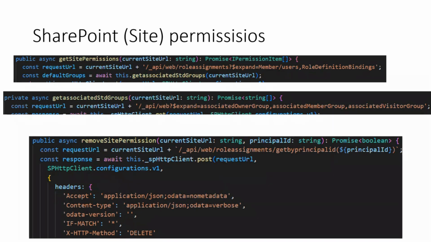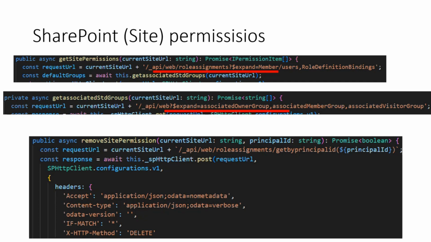The SharePoint site permissions consist of three parts. Here we first need to get our role assignments, which is when you have all permissions. Then you have seen in the demo that I was not allowing to remove standard or associated standard groups.